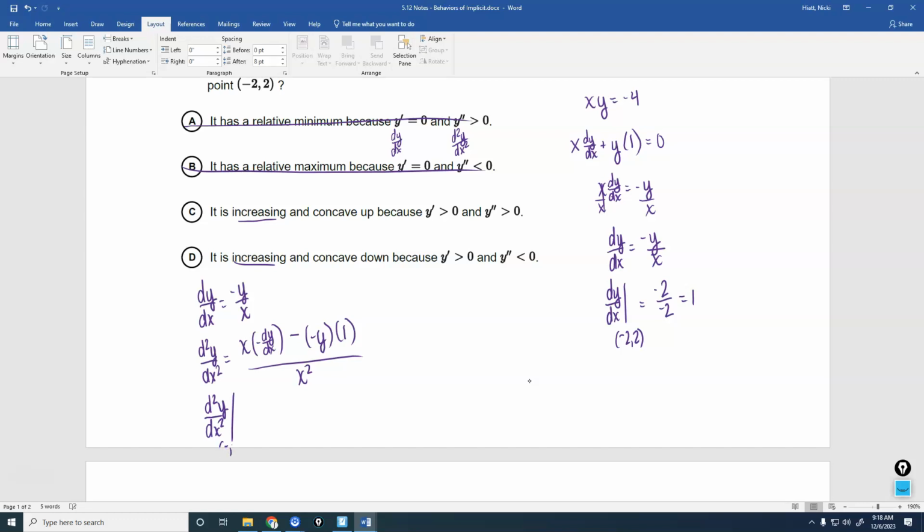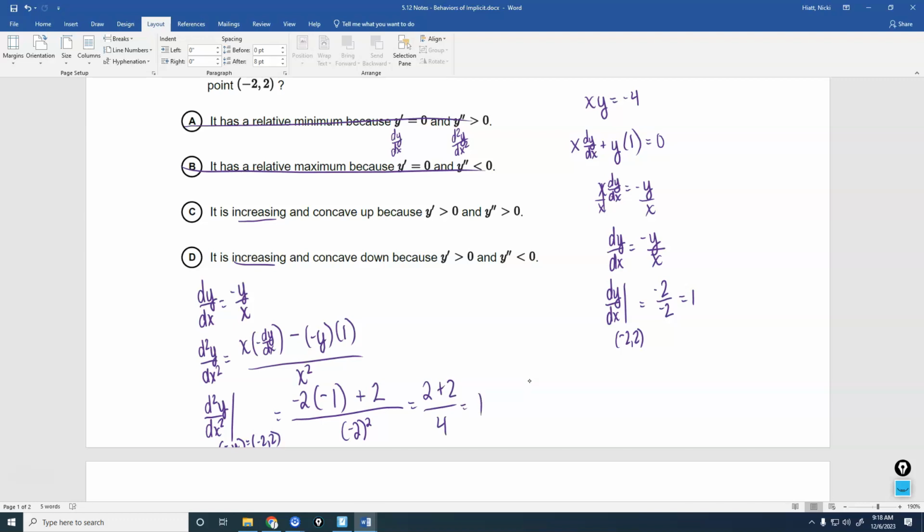I will have -2 times negative dy dx, that's going to be -1, because at this point the first derivative is 1. That's going to become a plus y, so +2 over x squared, so -2 squared. So I will get +2 plus 2 over 4, and I get 1 for that as well.